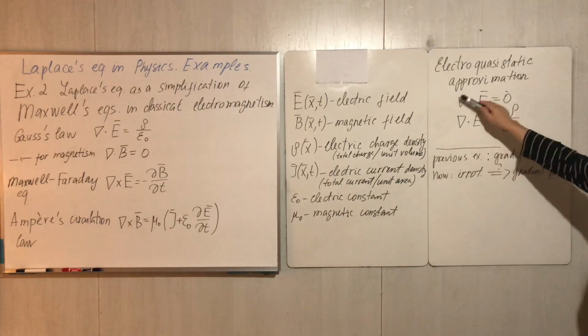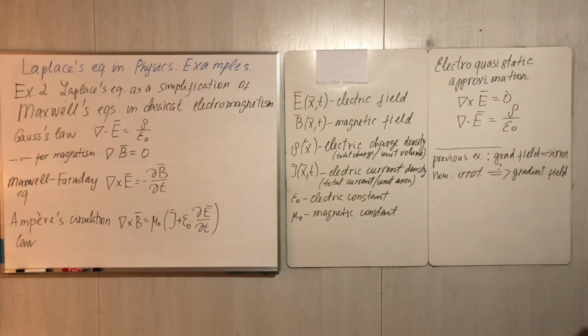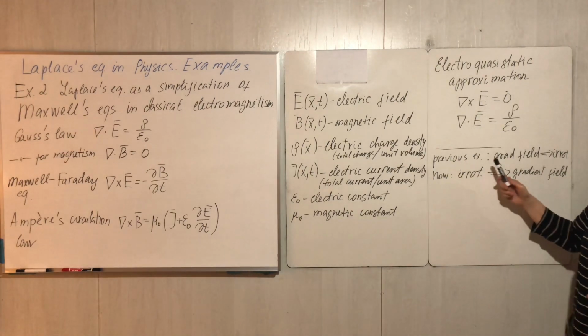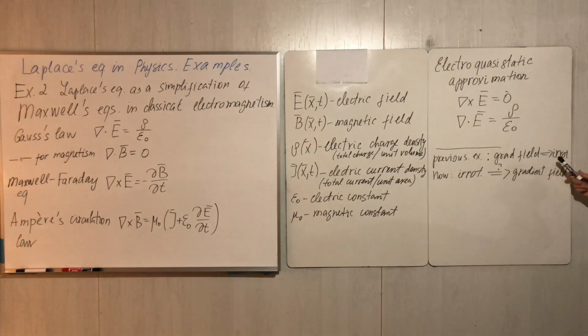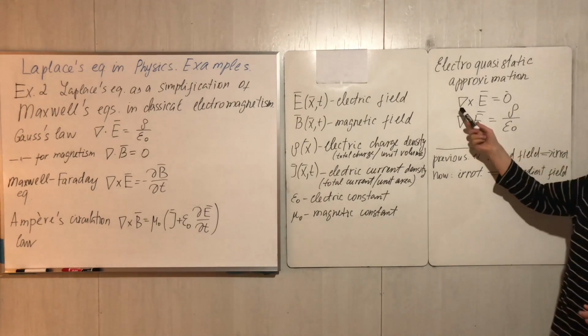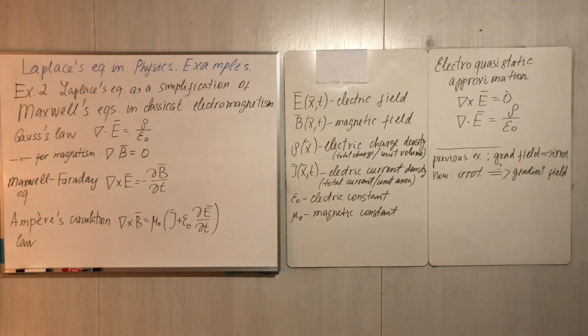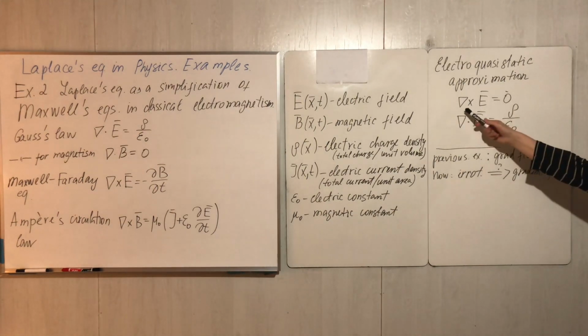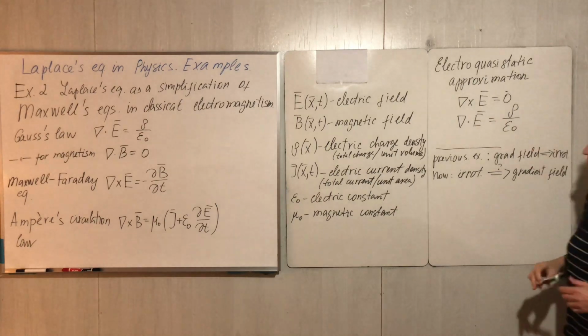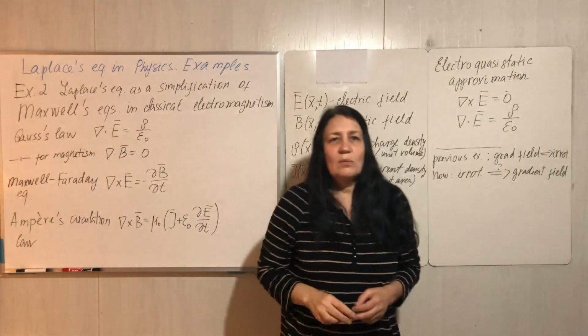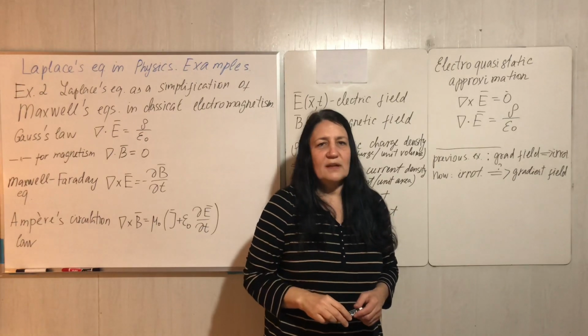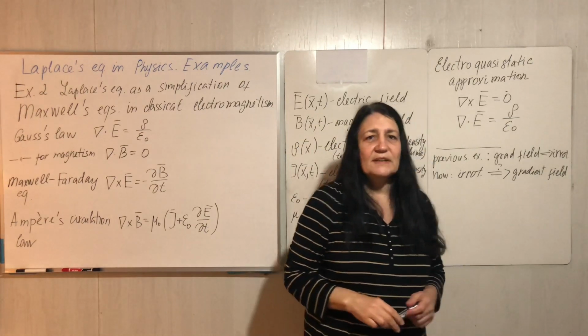So now let's look at this simplified model. In the previous example, we saw that if we have a gradient field, then this field is irrotational. So now we have an irrotational field, curl equals 0, and the question is whether or not this field is a gradient.